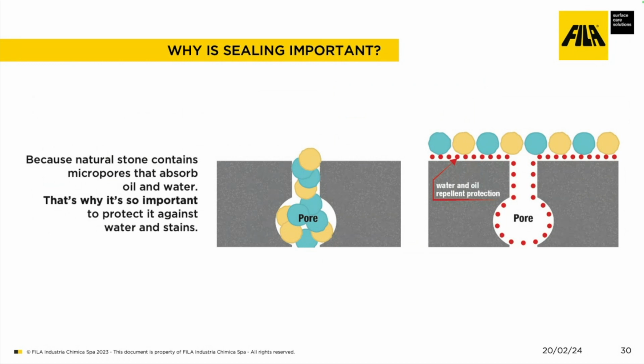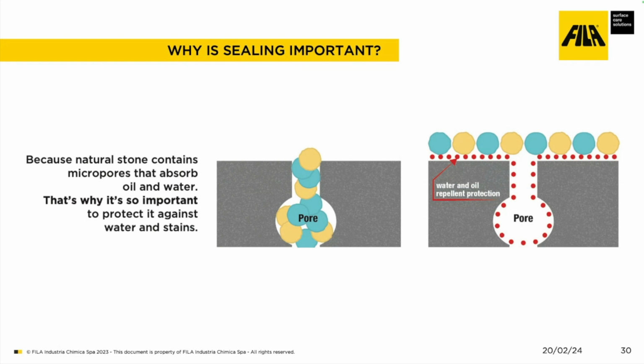Now, when we say close or seal the porosity of natural stone, this is a very nice example that the laboratory in Italy did on how our sealers work. It's not like sealing and not letting the stone breathe completely. As you see, the red dots on the right, this is our sealer. What it does is cling to the surface of the pore, but never seals it completely.